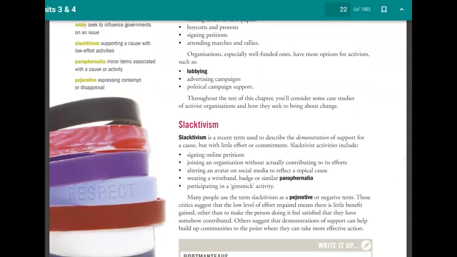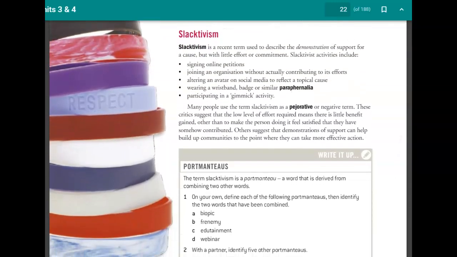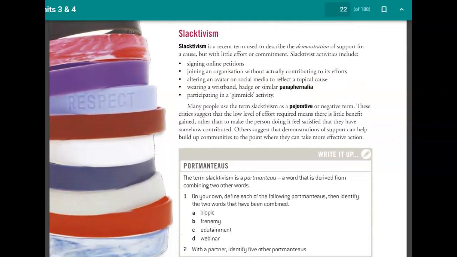However, there's something called Slacktivism, and this is something that's come up also quite a lot lately, because people love the idea of being engaged in something socially active and responsible, but they don't always want to make much of an effort to see their goals find reality.